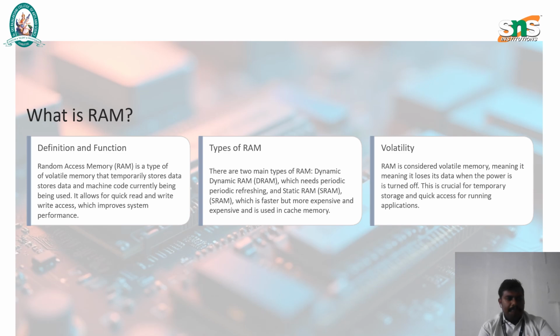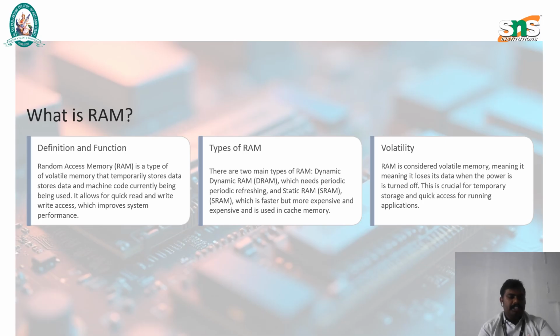What is RAM? RAM is random access memory. It is used to read or write temporary data stored on the motherboard. There are two types, DRAM and SRAM. DRAM uses capacitors, is slower, and needs refreshing.